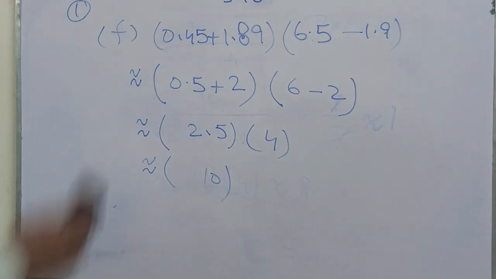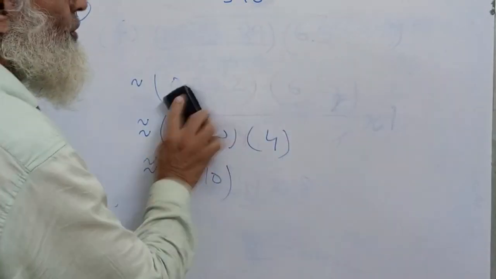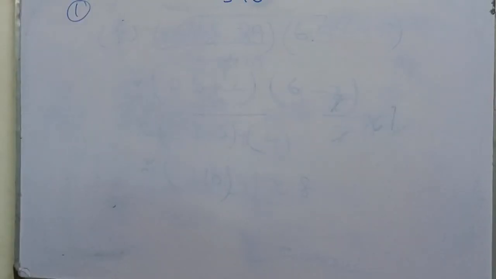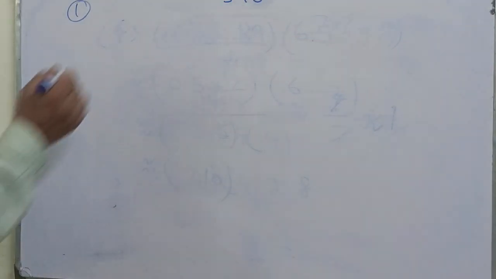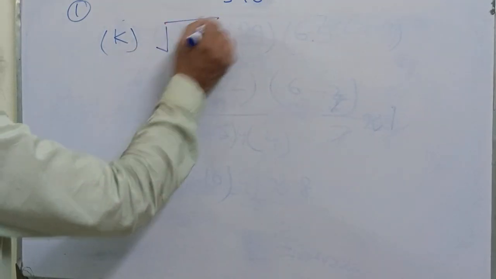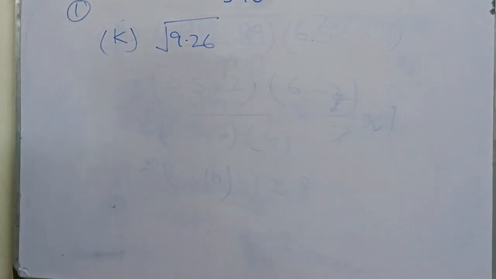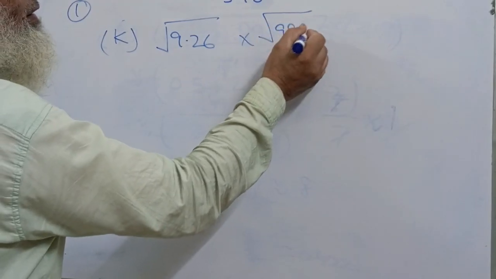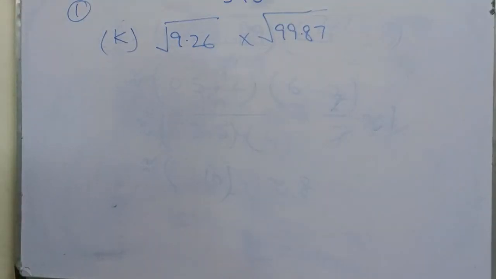Now I am going to solve two parts more from this question number 1. And there is part K. Part K says under root 9.26 multiplied by under root 99.87.